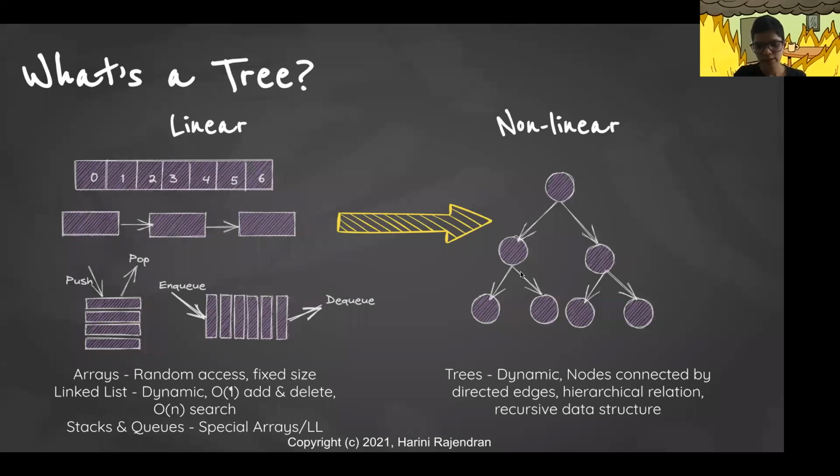So that's why these are called recursive data structures. And also, similar to a linked list, trees are dynamic in nature, in the sense we can keep extending the tree to however much size we want.